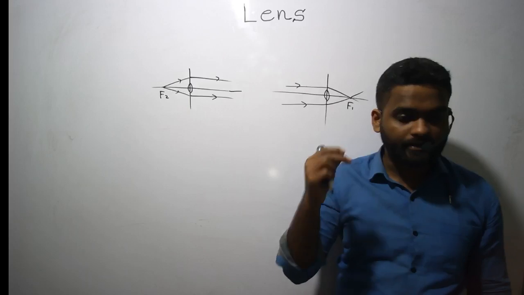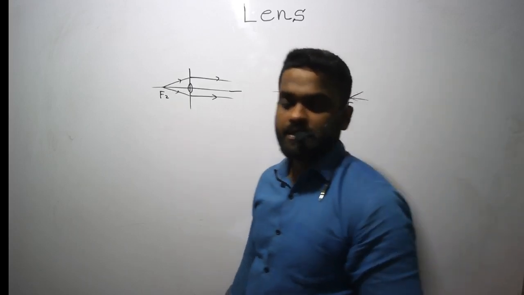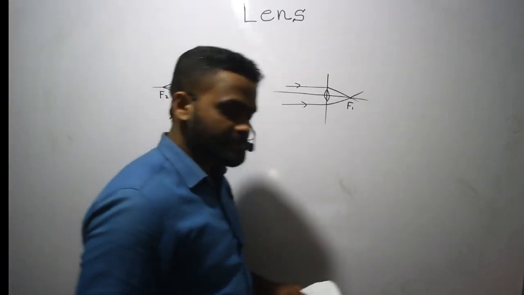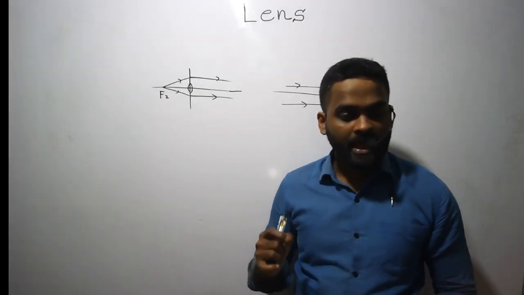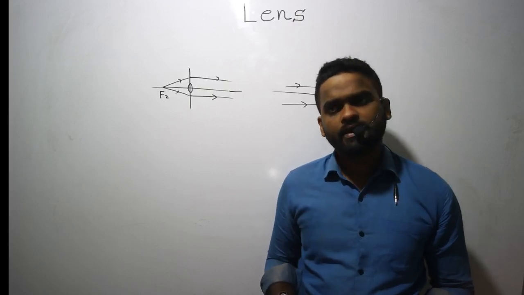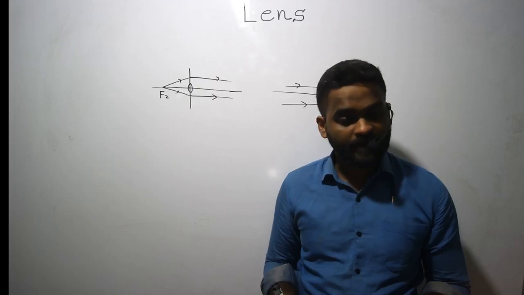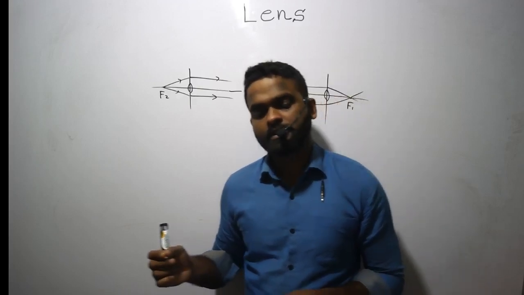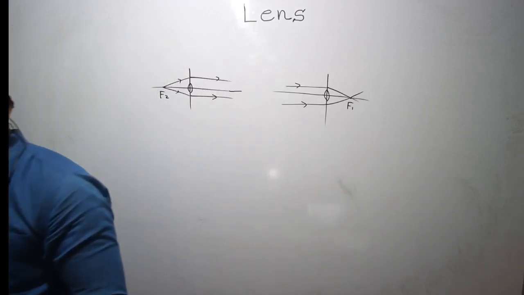Under this, write: since rays actually go through the focus of a convex lens, those are called real focuses.